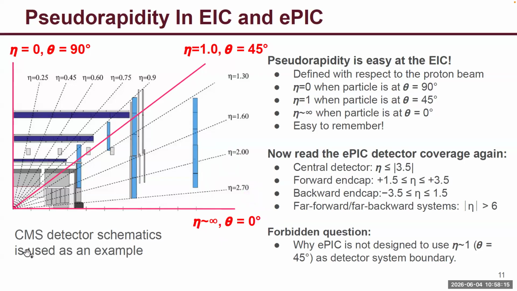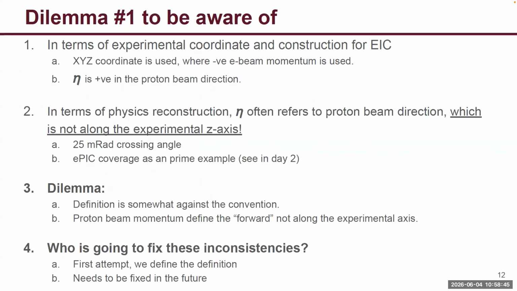So let me just say one last time: eta of infinite is not on the positive axis of our experimental coordinates. There's a 25 milliradian difference. And in terms of phase space, that's a huge phase space if we consider the Lorentz boost.